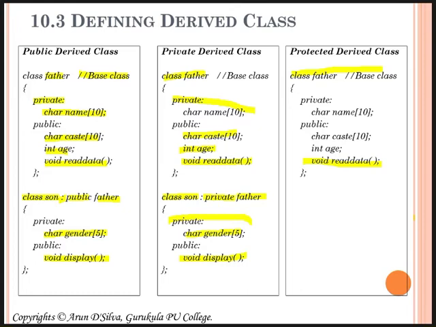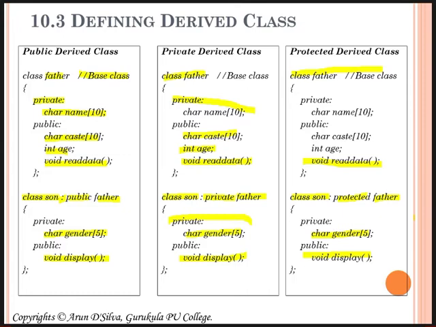And we created the derived class son, where the visibility mode here is protected, and the base class name is father. And in the private section, as we have seen in the last 2 examples, the member data is there, and in the public section the member function is there. In all 3 places only the visibility mode changed, the rest is everything the same.